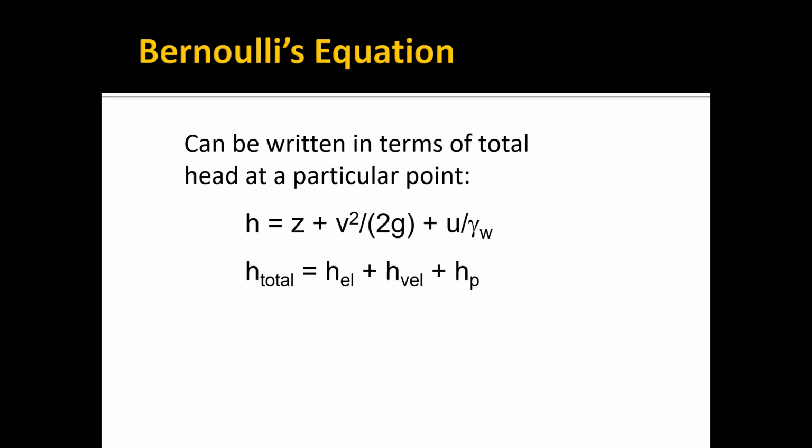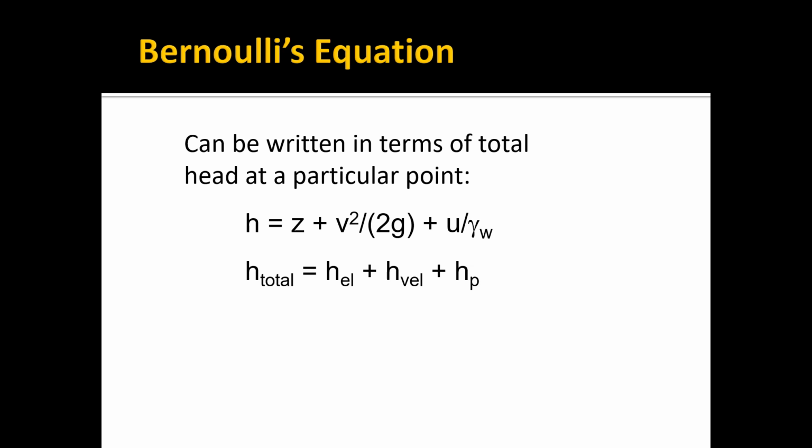There's a property at that point which we call the total head, which is equal to its elevation. Now at this point, this Z doesn't represent a difference in elevation. It's the actual elevation of that point, plus V squared over 2g, the velocity of the point divided by 2 times gravity, plus the pore pressure of the point divided by the unit weight of water.